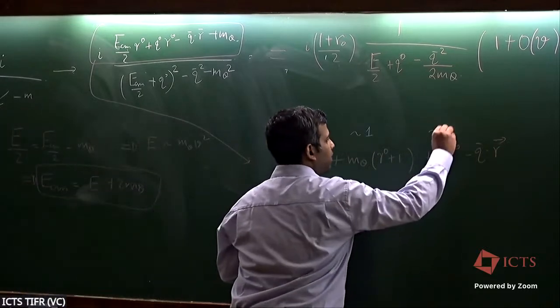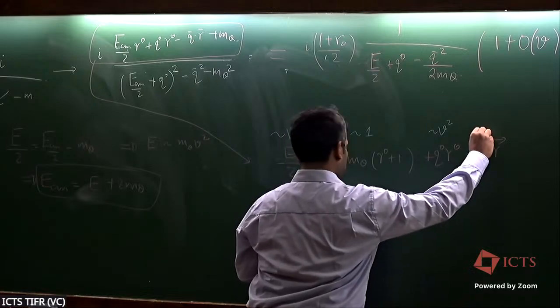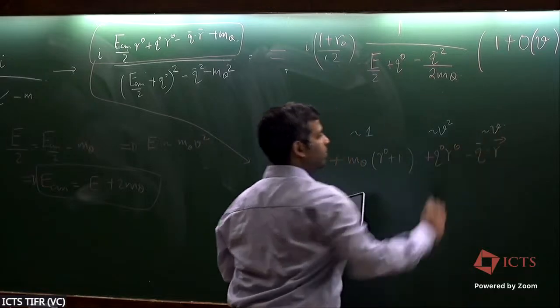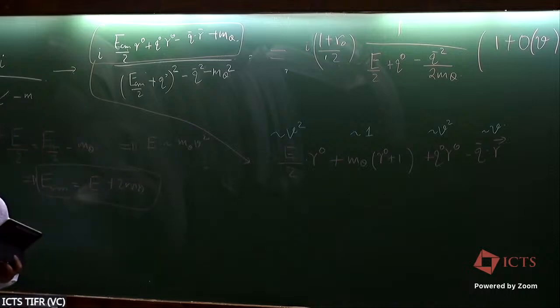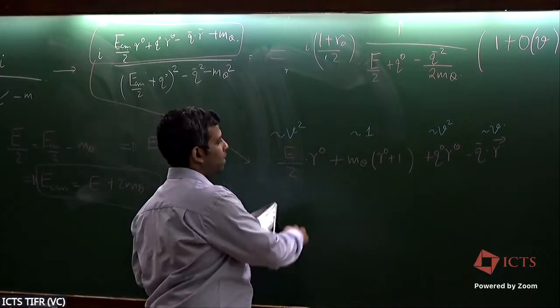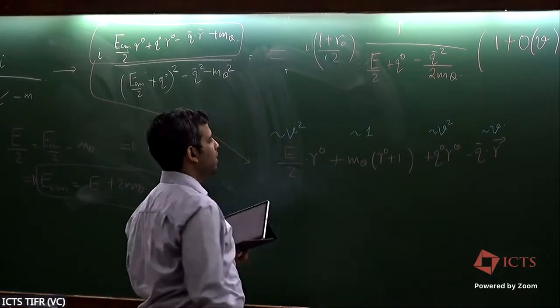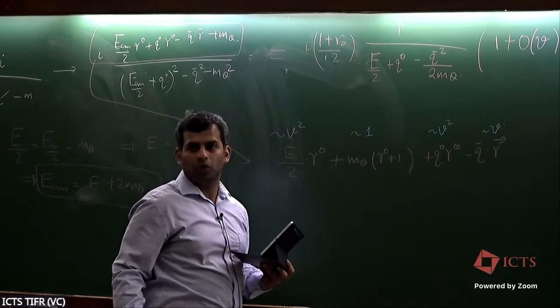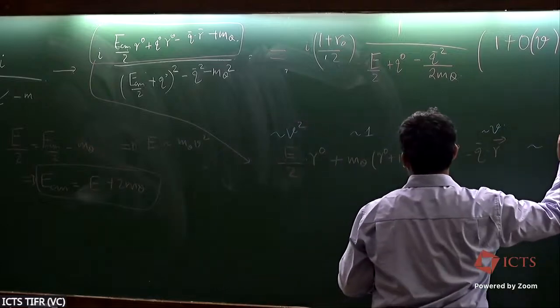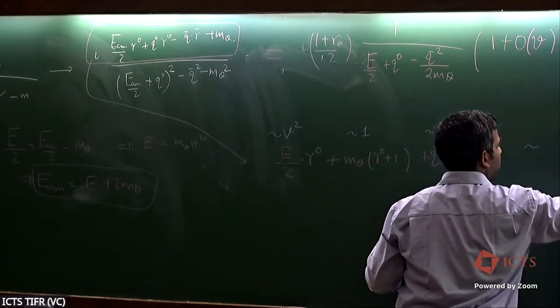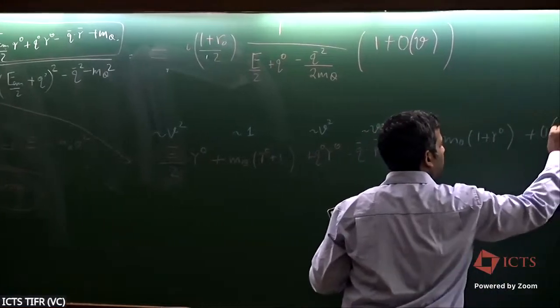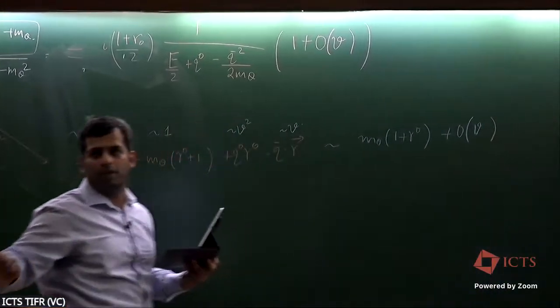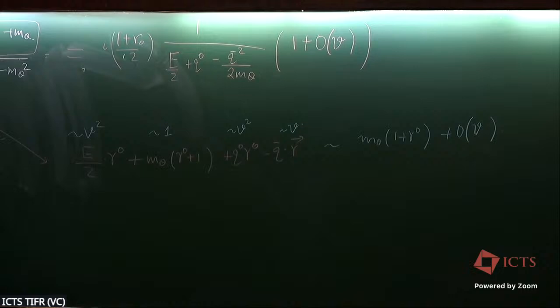This is order V square, and this is order V. Clear? I'm not doing any computation. I'm just putting the scaling in terms of V. That's it. Which means out of all of these terms, really, this is the leading order term that will contribute to my calculations. So this is roughly MQ times 1 plus gamma 0, plus something at order V that at present I'm not very much worried about.